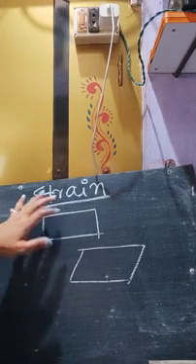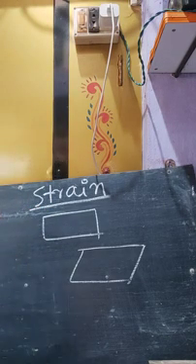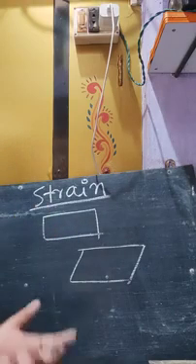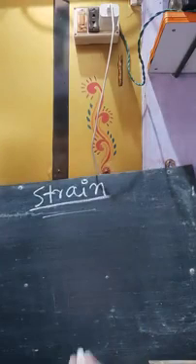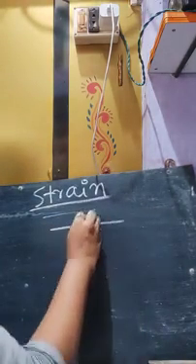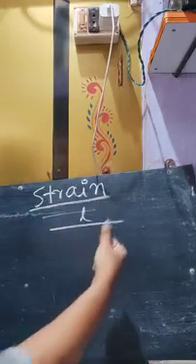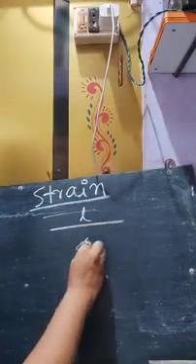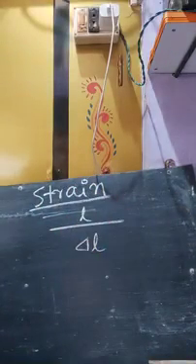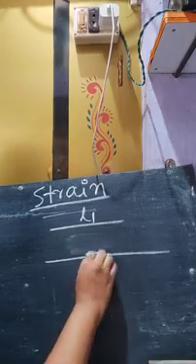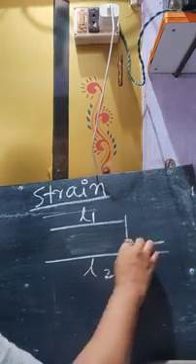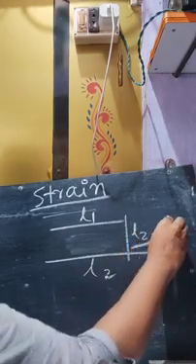So how can you define this strain, or what will be the mathematical expression? In general, suppose this is the length L1. After applying force, that is after the stretching, it becomes L2, and the change will be del L, that is L2 minus L1.